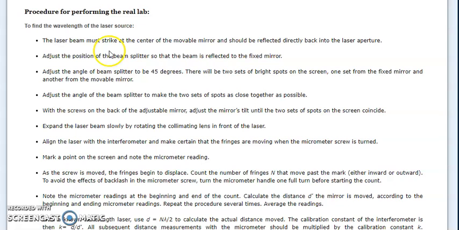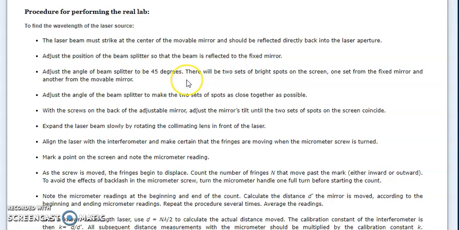The procedure: the laser beam must strike at the center of the movable mirror and be reflected directly back into the laser aperture. Adjust the position of the beam splitter so that the beam is reflected to the fixed mirror. Initially we adjust the beam splitter to 45 degrees.